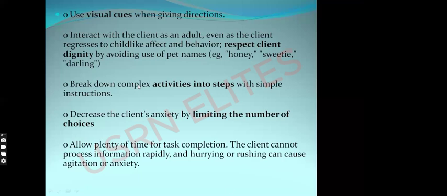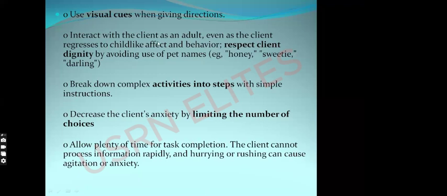These nursing managements are very important, so let's take note of them, okay? We have to use visual cues or clues when giving directions. Interact with the client as an adult, no matter how childish the patient is behaving.